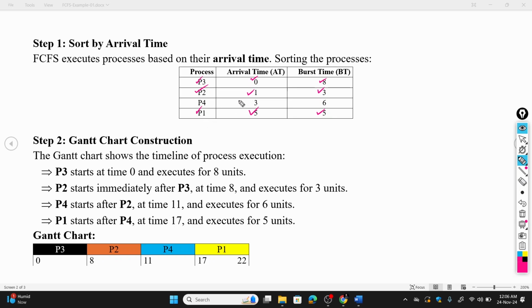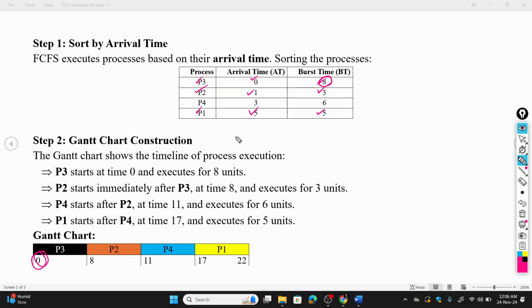From this table we have to construct a Gantt chart. So this is the Gantt chart. The Gantt chart will start from 0. P3 starts at 0 and executes for 8 units, because 8 is the burst time of P3.